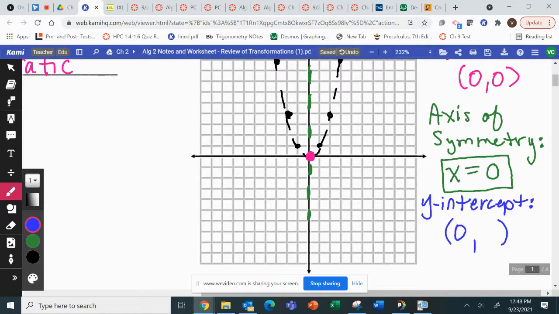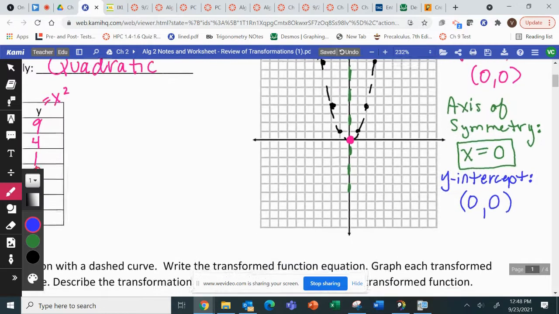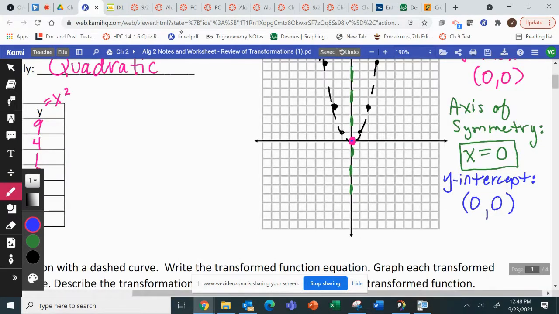Where does this graph cross the y-axis? 0, 0. And we already have a point there, so I'll go ahead and make that blue also. And then we could also talk about x-intercept, but for this one, it's at 0, 0. So a lot of these things we don't really have information about until we start doing transformations, and then they change.